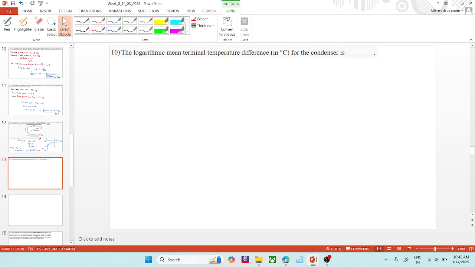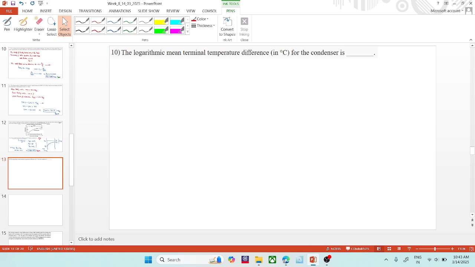We know that along the length, the temperature of the hot and cold streams would change. So the logarithmic mean temperature difference takes care of the variation of temperature difference along the length and gives us a single value of temperature difference between the cold and hot fluid streams. Here we have to determine the same thing.